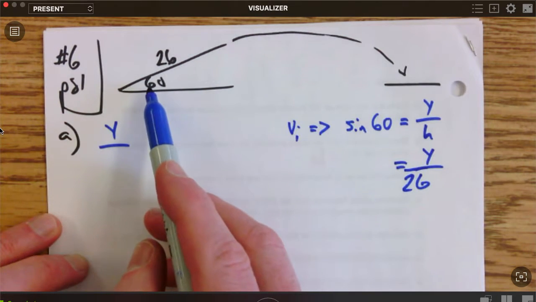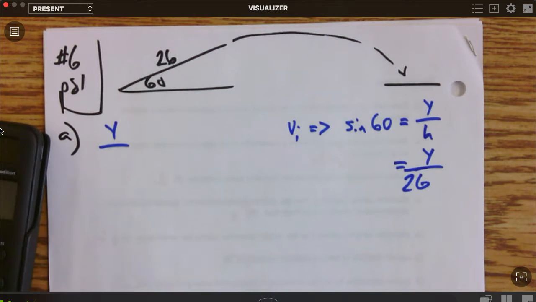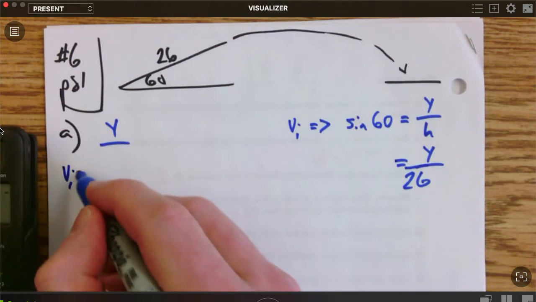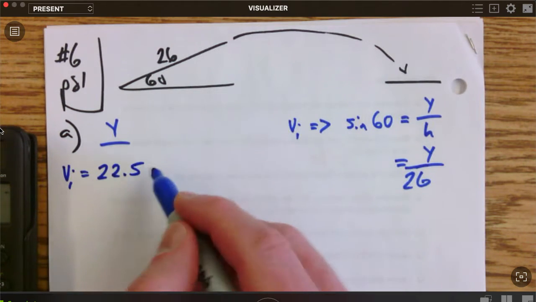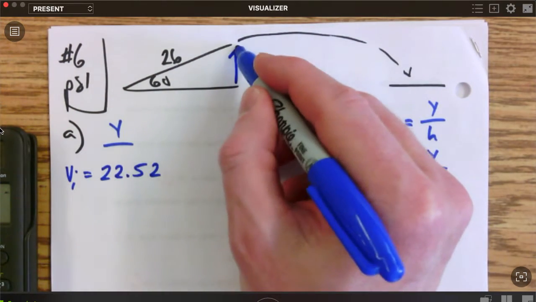Hypotenuse is 26, the angle is 60. Sine of 60 times 26, so Vi equals 22.52, we'll say. We don't need sig figs right now. So that's the initial vertical velocity, the part going up.